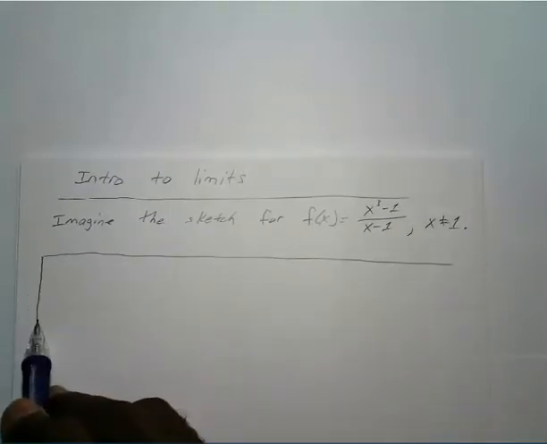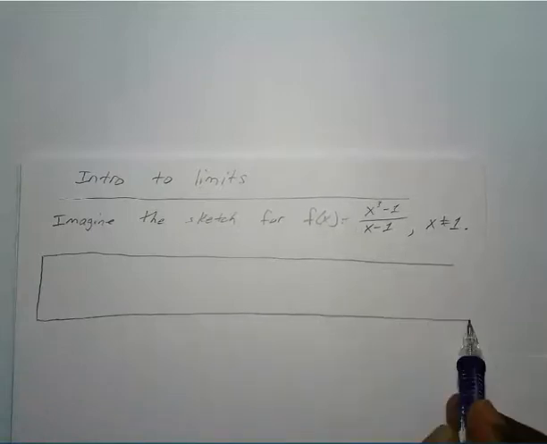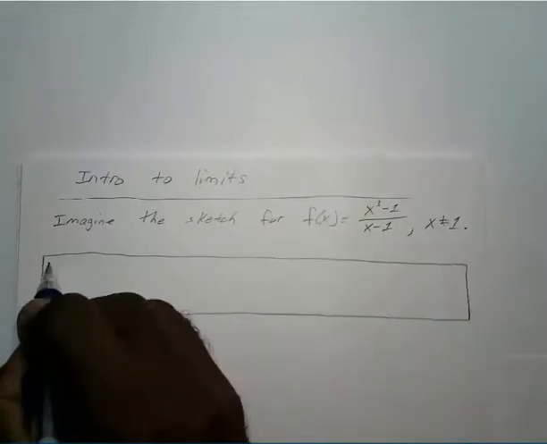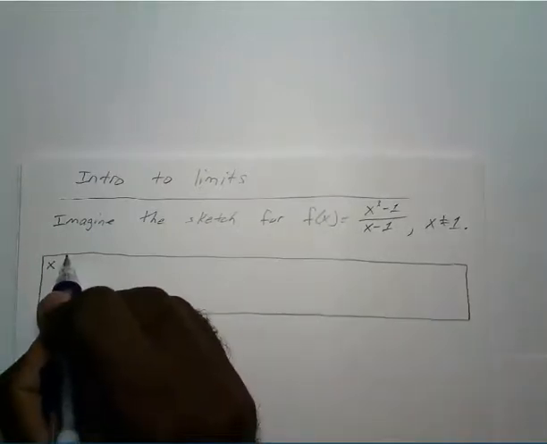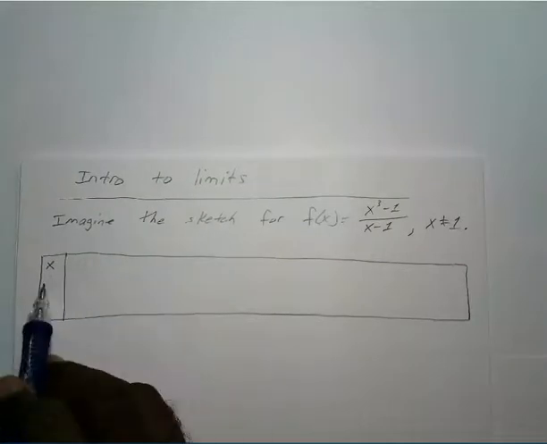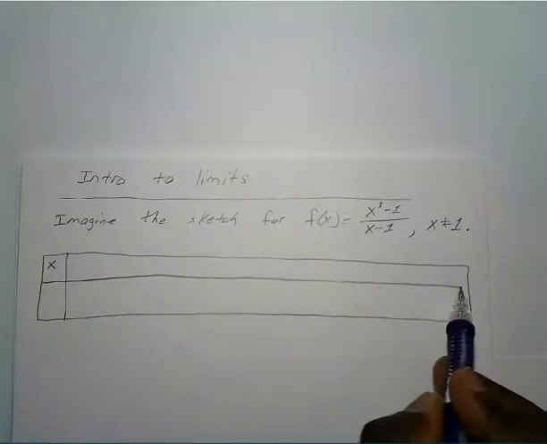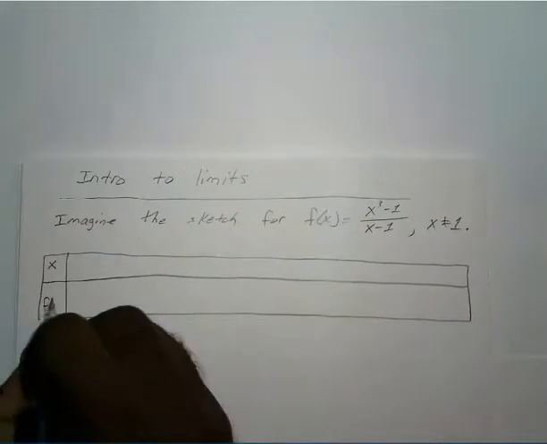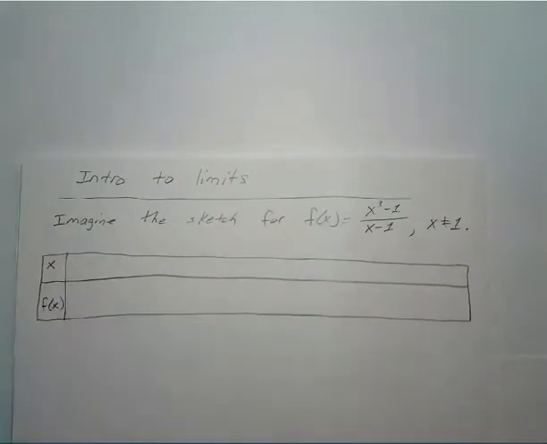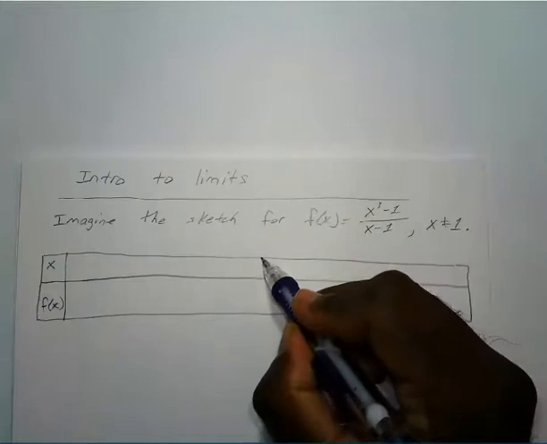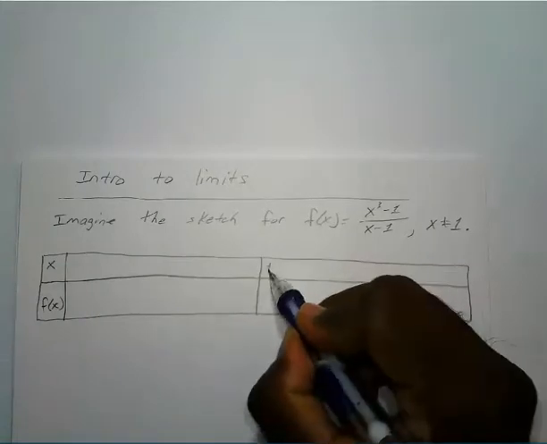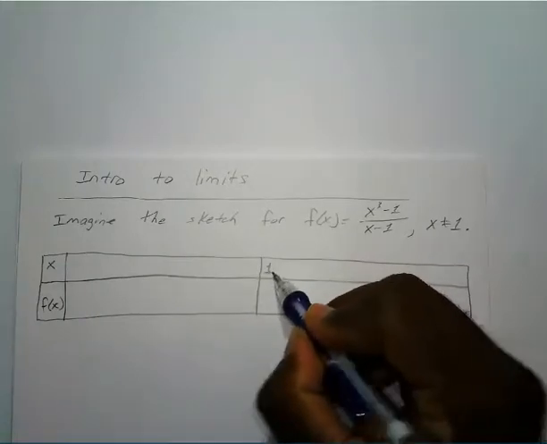So we're going to draw a little table here. This is your x, and this is your f of x. What if right in the middle we put x equals 1?